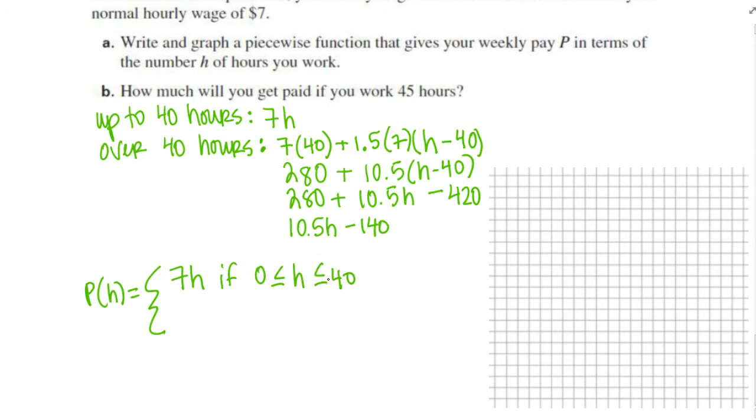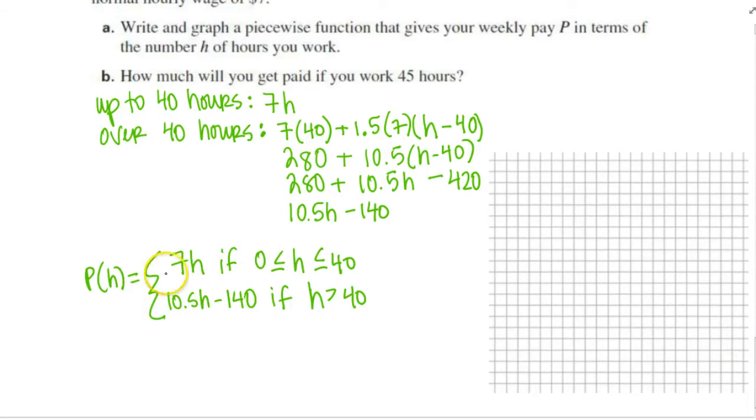They could both be equal to. And then the other one we just found out was the 10.5H minus 140 if you work more than 40 hours. Now, it's not or equal to. It's just if the hours are more than 40, because if you work exactly 40 hours, you're just getting paid that $7 an hour. Okay? So there's our piecewise right there.